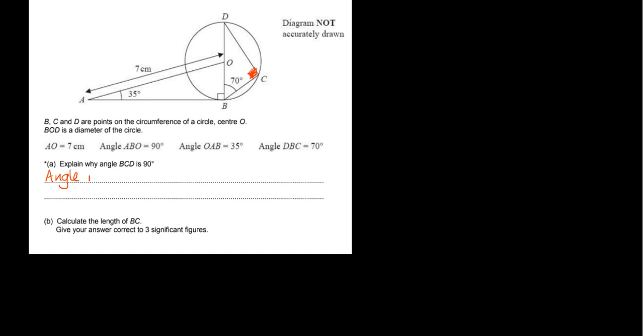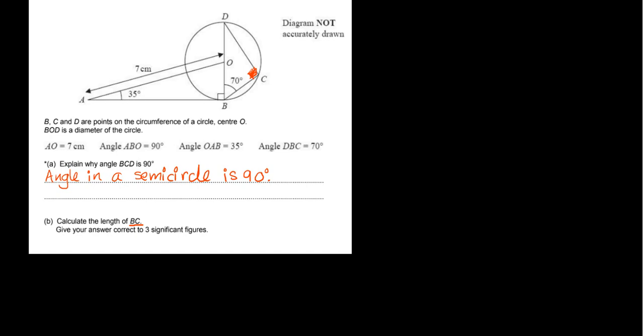Angle in a semicircle is 90 degrees. Okay, now the next part of the question says calculate the length of BC.